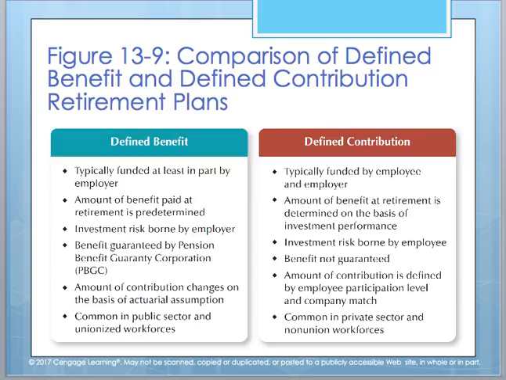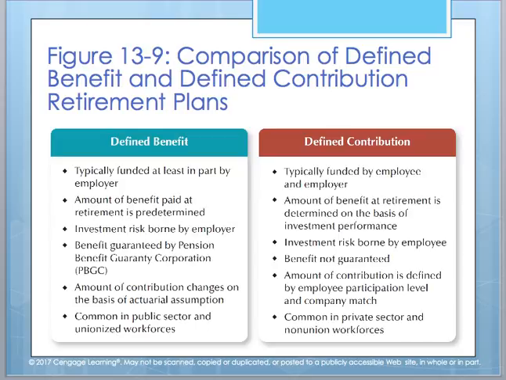In defined contribution, the amount is determined on the basis of the investment performance, how well that investment did, right? It's usually based on some kind of stocks and commodities, things of that nature. Now, under defined benefit, the employer takes on the investment risk, while in defined contribution, you take on the investment risk.